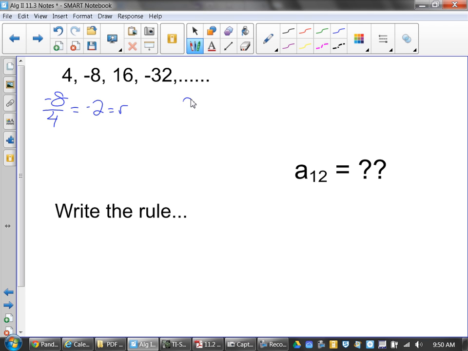All right. So your nth rule. Well, the problem here is you need to use a negative symbol, not the minus symbol. There's your problem.